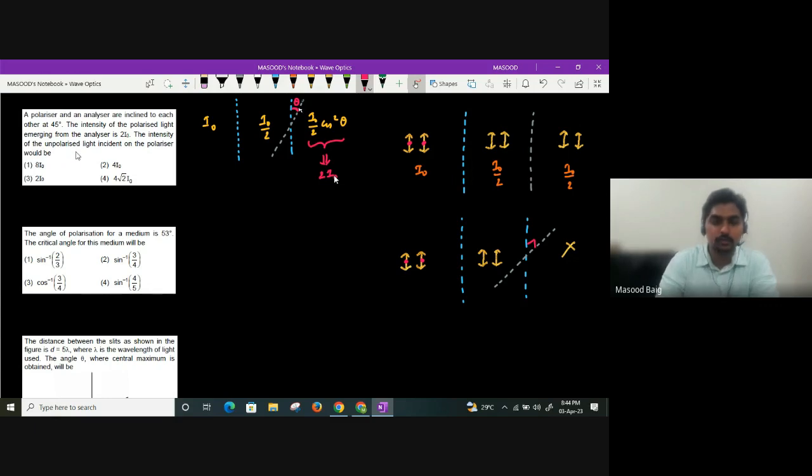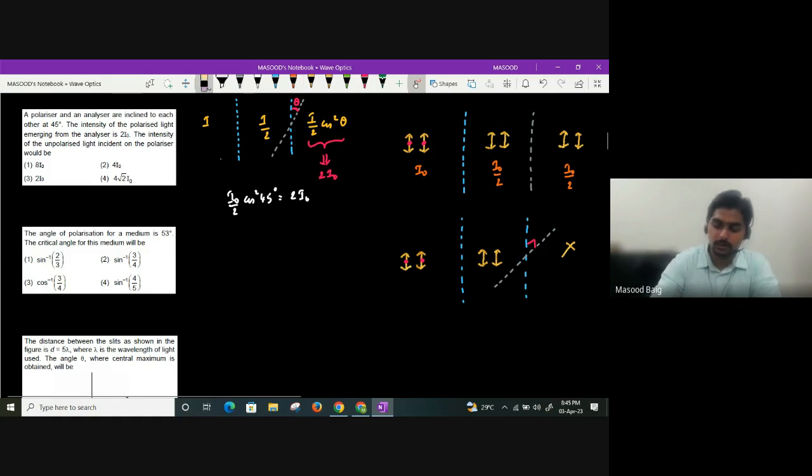They are asking for the intensity of the unpolarized light. So can I directly solve it? I by 2 cos square 45 should be equal to 2I0, where I is the value we want to find.